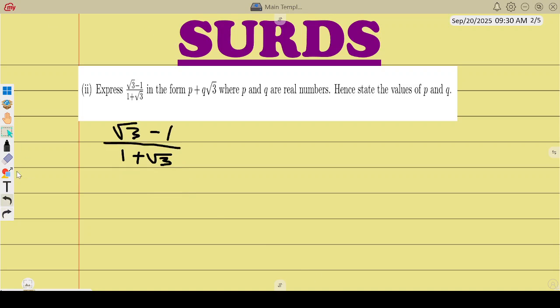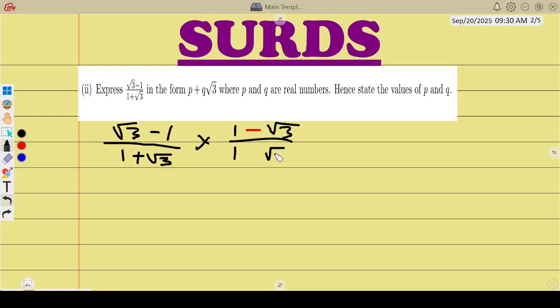So do we remember how to rationalize? We rationalize by the denominator, meaning we have 1 minus, since here we have a plus, meaning on top should be minus, on the other side it should be minus.